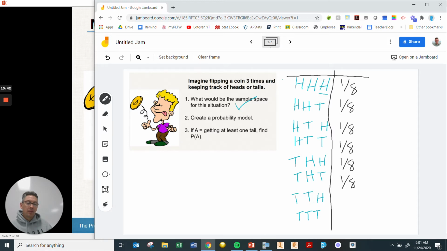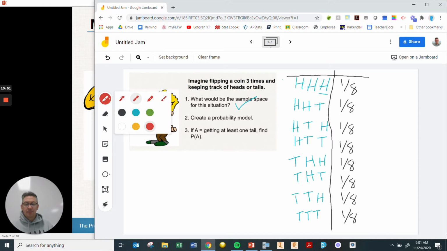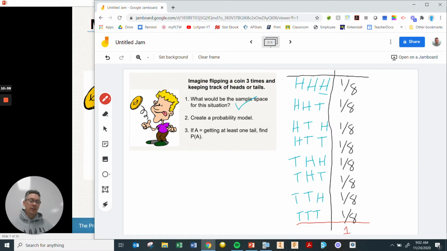As I'm simply writing the probability next to each of these, I'm creating a probability model. And you'll notice if you total all of these up, if you add 1/8, 8 times, you get a grand total of 1. The probability of everything in your sample space has to total up to 1. So there's a probability model.